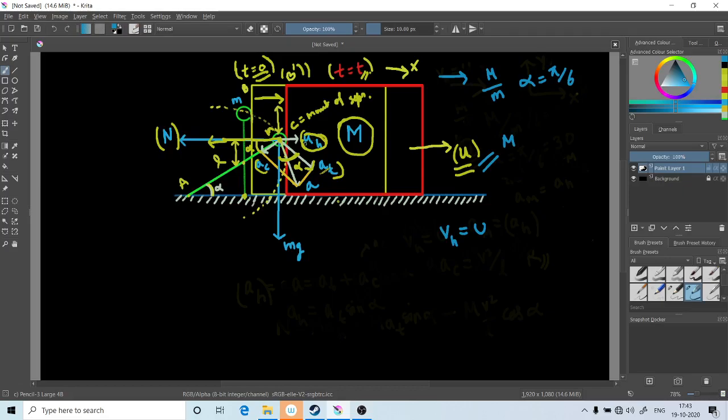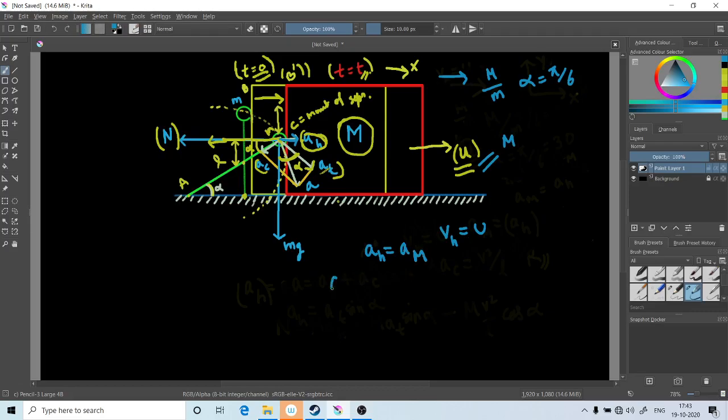And the horizontal component of the acceleration of the load, that is a_h, as shown here, equals the acceleration of M.